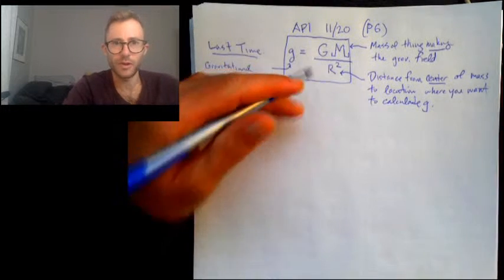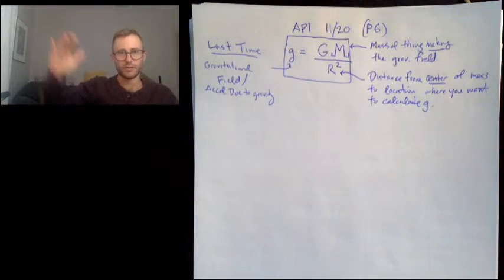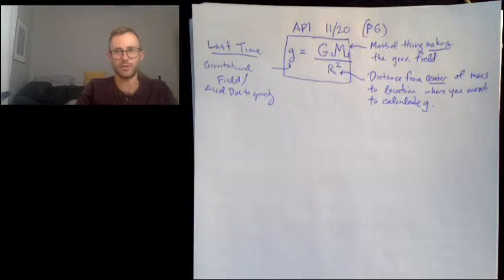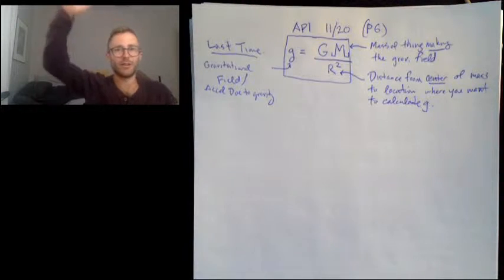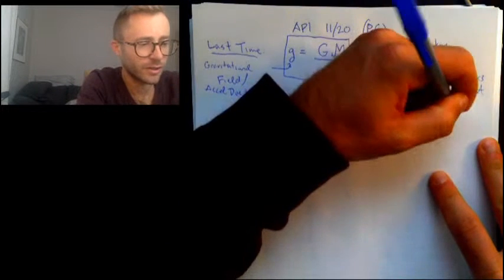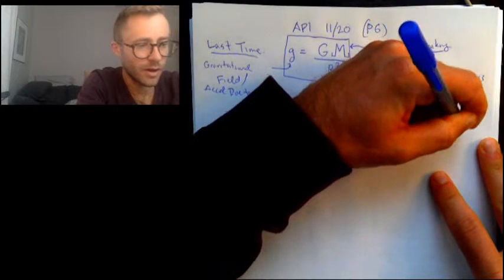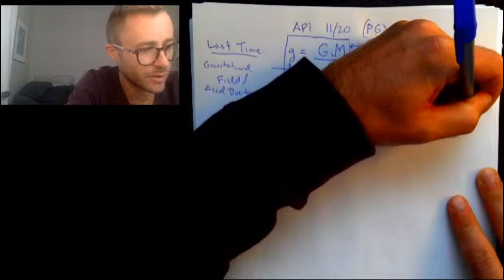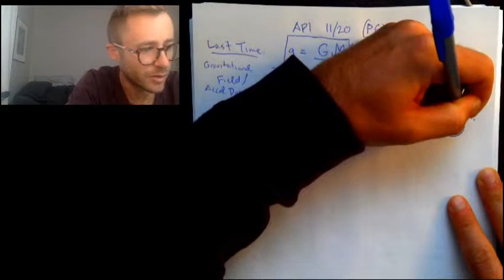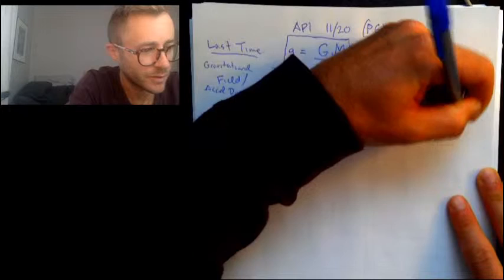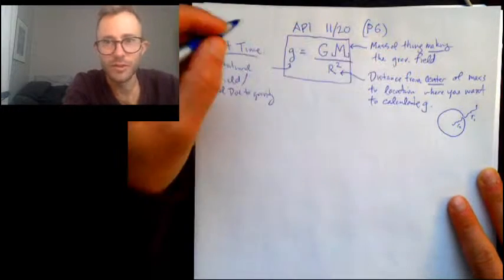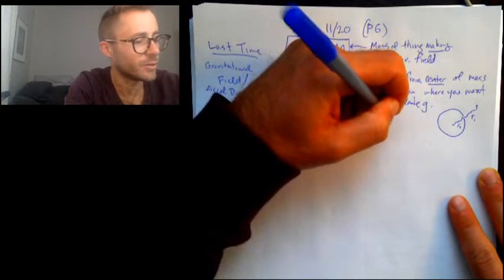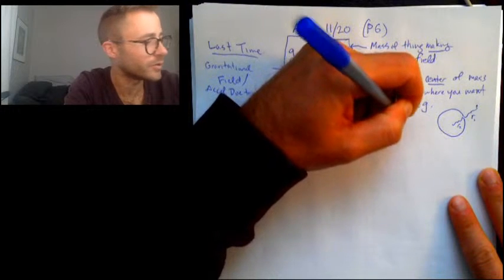If you're at an altitude, like right now we're on the surface of the Earth, we wouldn't use r equals 0. We would use our distance to the center of the Earth. If you are up above the surface of a planet, and this distance right here is r1, but the radius of the planet is r2, then you would use big R equals r1 plus r2.